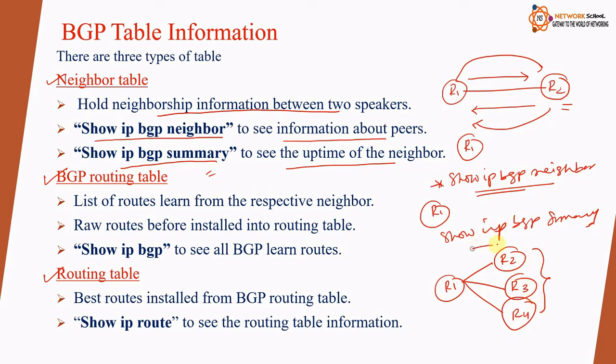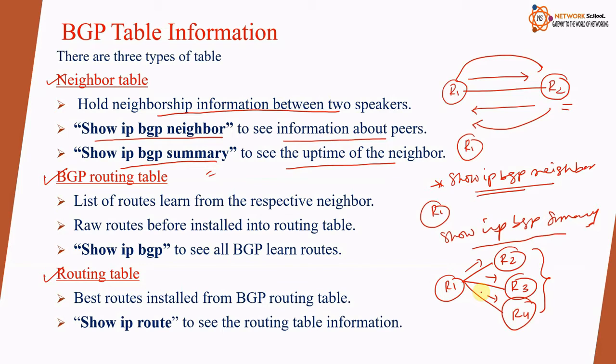When we use the command show IP BGP summary, it will show us the neighbor information for R2, R3, and R4. Along with this, it will also show for how long the neighborship has been established, like 1 minute, 2 minutes, 10 minutes, 1 hour, 2 hours, 1 month, 2 months, 1 year.